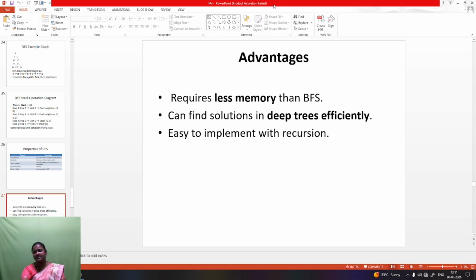The advantages of the DFS algorithm are: it requires less memory than BFS; it can find solutions in deep trees efficiently; it is easy to implement with recursion. The implementation of the DFS algorithm is simple and easy.